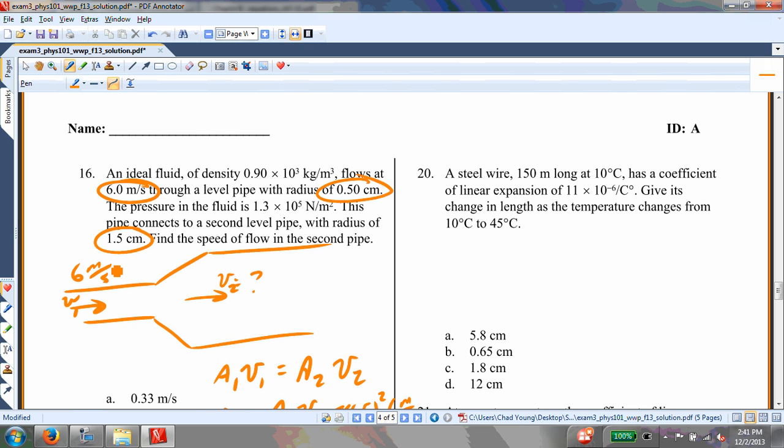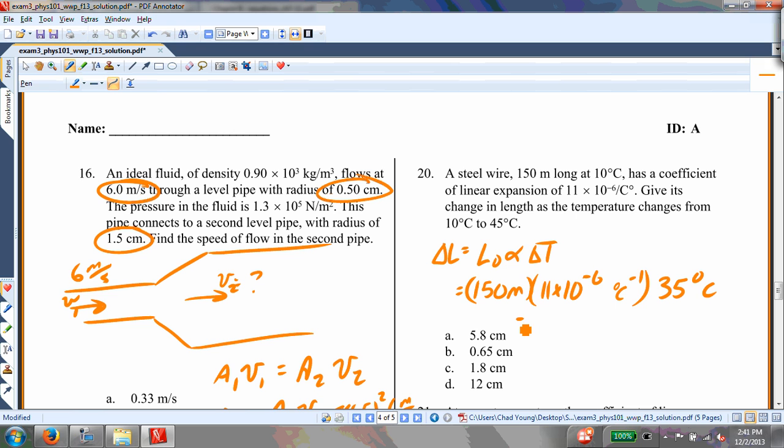Steel wire, those dimensions and temperature and that linear expansion coefficient. I want to know its change in length. So I know that delta L is equal to L naught alpha delta T, and I want to know what delta L is. So this is really just plugging in the appropriate numbers. 150 meters times alpha, which is 11 times 10 to the minus 6, times the change in temperature was 45 minus 10, or 35 degrees Celsius.